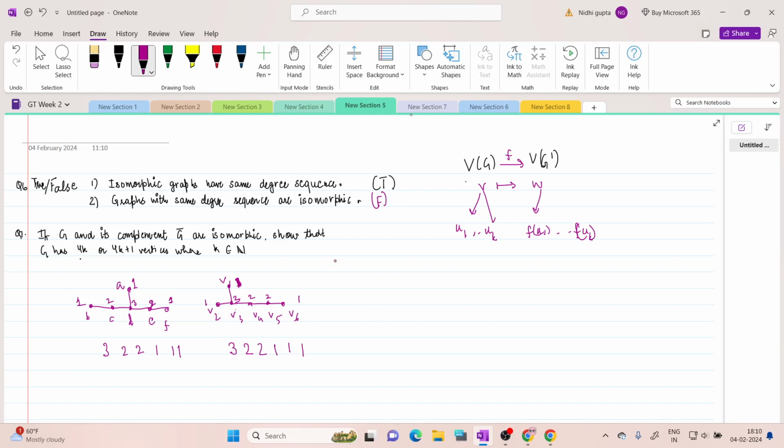And the reason is, if this is graph G and this is graph G prime, both G and G prime have one vertex of degree 3.